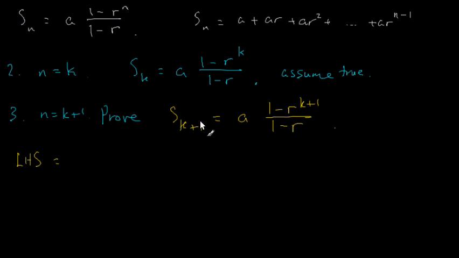So the sum to the k plus 1 term is therefore the sum to k terms plus the k plus 1 term, which is ar to the power of k. Remember that the power here must be 1 less than the ordering of the term. So in this way, I can relate S(k+1) to Sk.